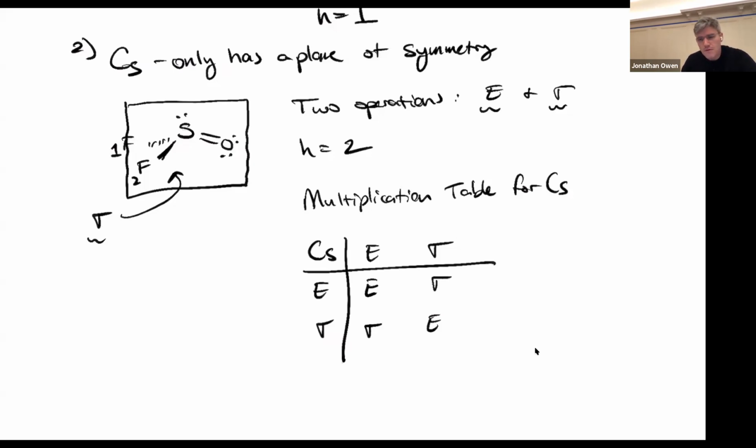Also, remember that a sigma plane followed by a sigma plane gives you back E, and that tells you that sigma is its own inverse. If you do one operation followed by another, and it gives you back the identity operation, that means it's an inverse.